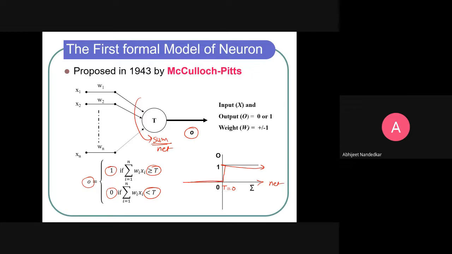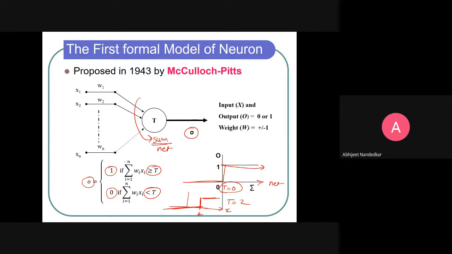Now I can change this threshold as per my wish. Suppose I put here threshold equal to 2, then the neuron gets fired when my sum is more than or equal to 2. Otherwise it will remain 0. Okay. Now this is the logic.